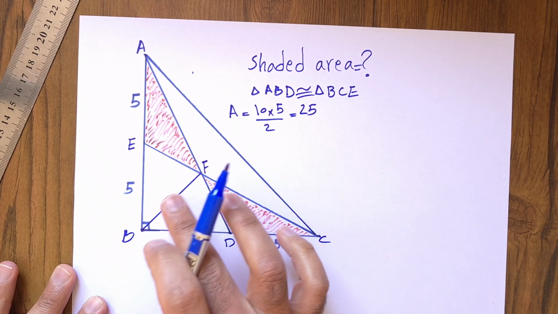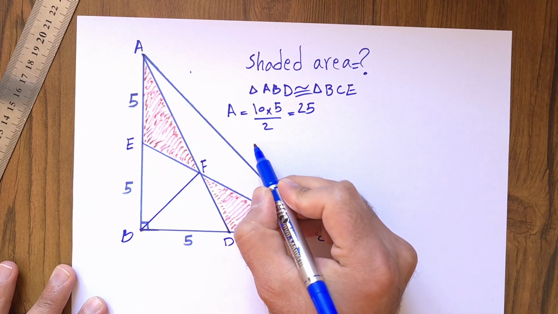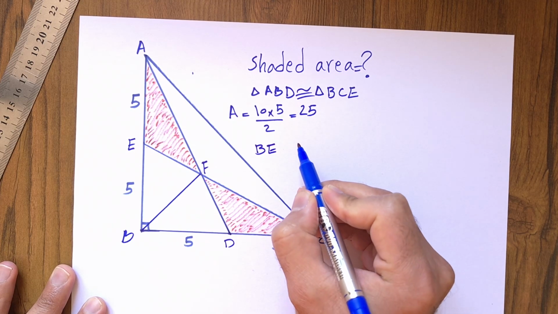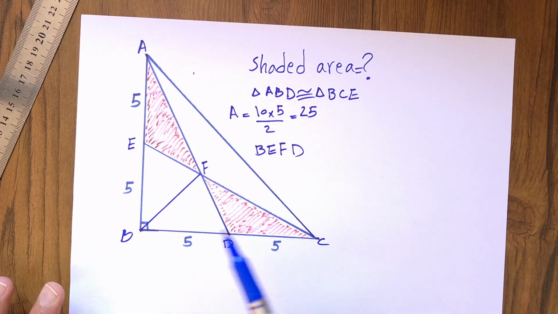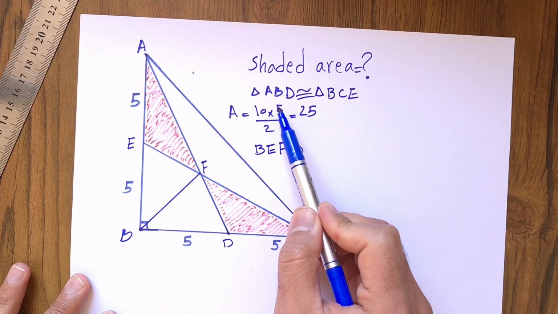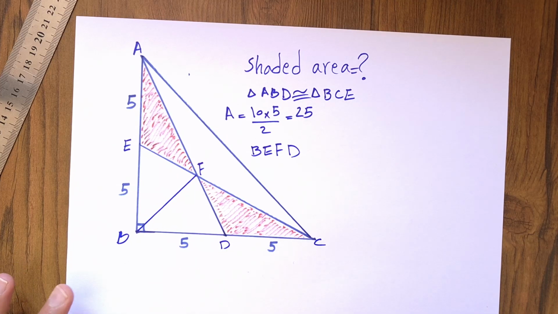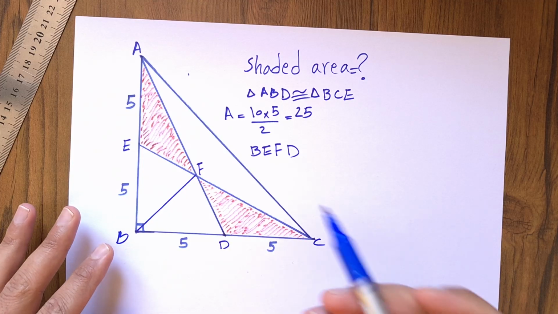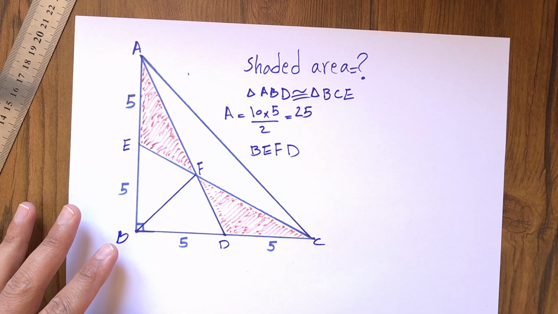Just for now, don't consider this line. So this area, BEFD, is common in these two triangles that we talked about earlier. It is common among ABD and BCE, right? So since it is common, we can conclude that the shaded regions are equal as well.